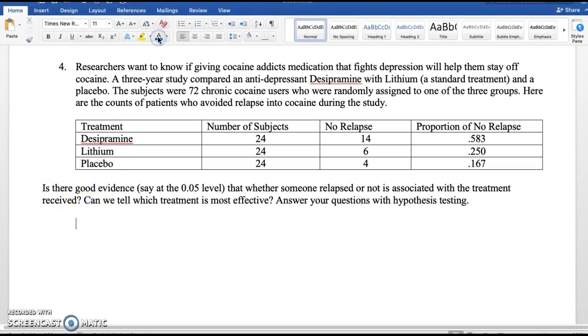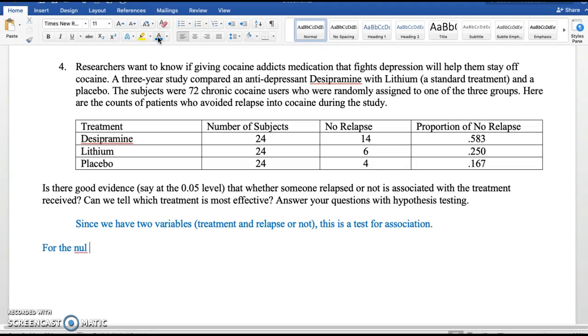All right, so since we have 2 variables, and the variables here are treatment and relapse or not, this is a test for association.